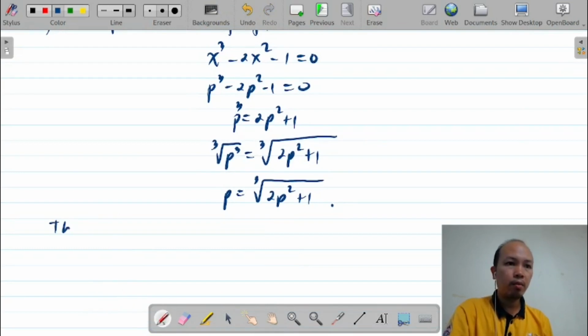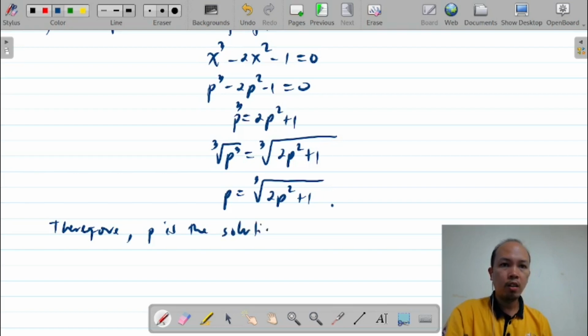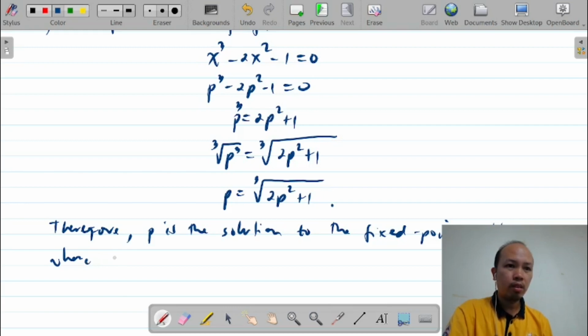So what happened now? Therefore, p is the solution to the fixed point problem g of x is equal to x, where g of x is equal to (2x squared plus 1) raised to the power of 1/3.